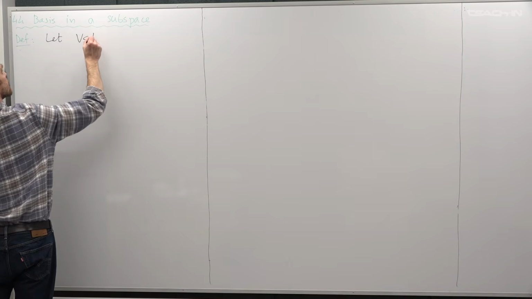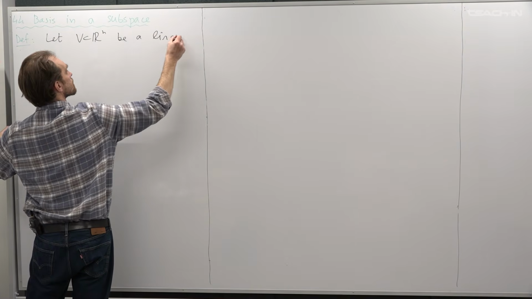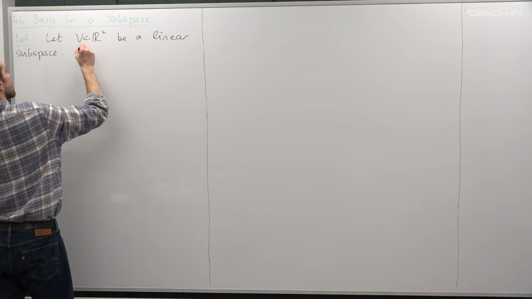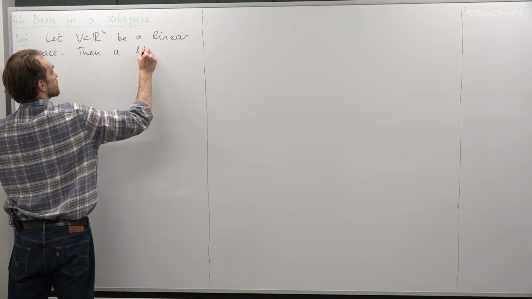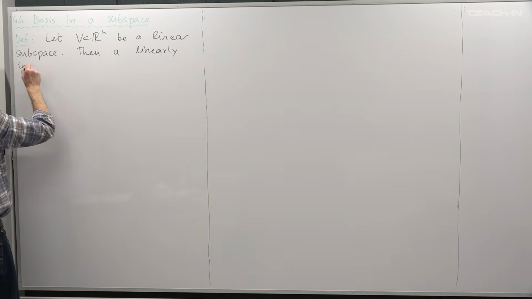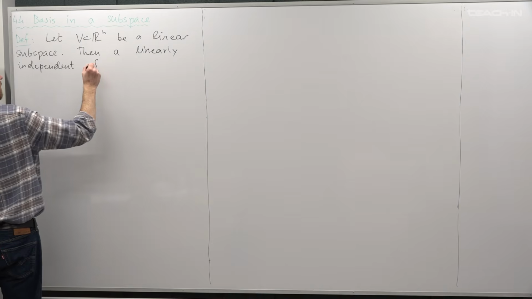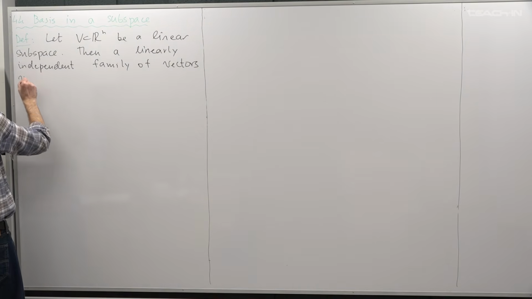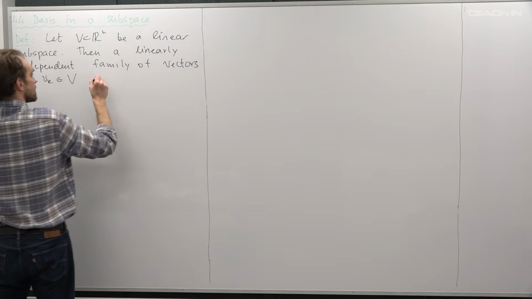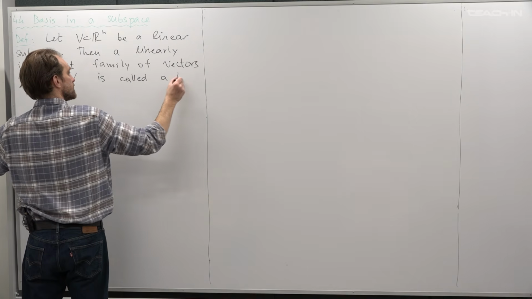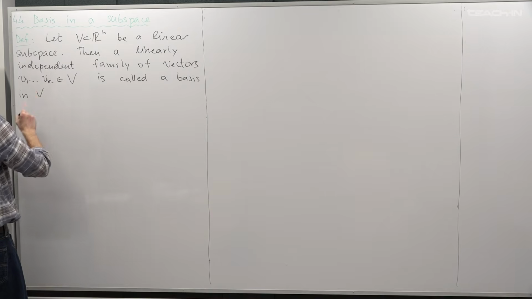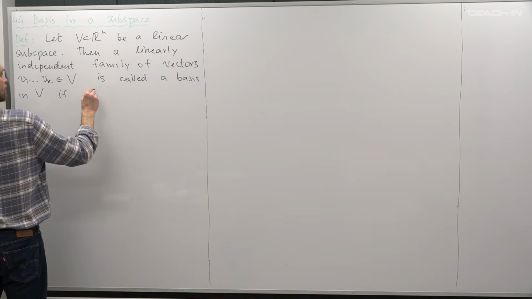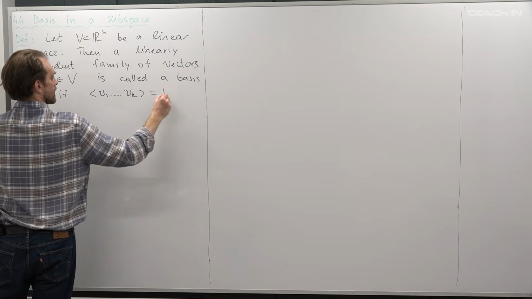Let V be a linear subspace, then a linearly independent family of vectors v1, etc., vk from this subspace is called a basis in V if the span of these vectors is equal to V.